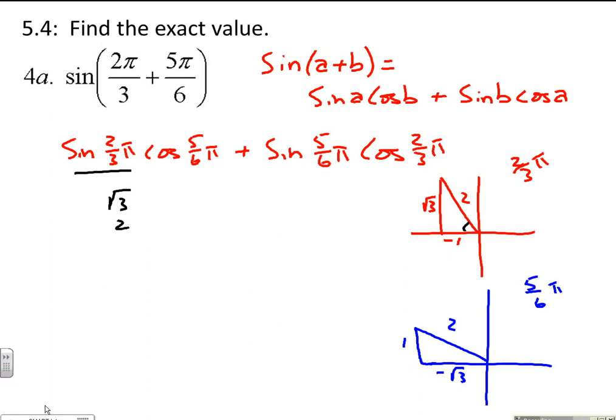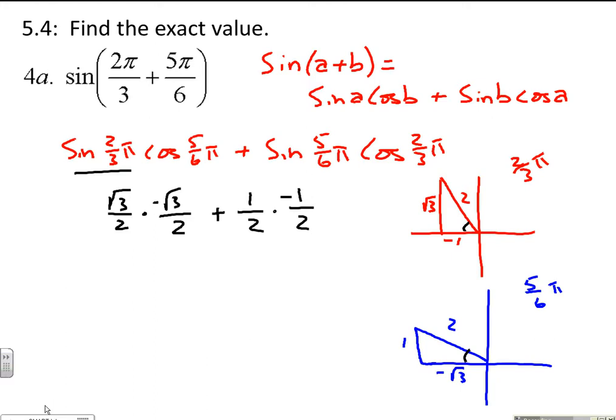This is root 3 on 2 times cosine from the blue triangle, cosine from this angle, x on r, negative root 3 on 2, plus sine of 5/6, sine from the 5/6 pi triangle, sine from the blue triangle is opposite 1 on hypotenuse 2 times cosine of 2/3 pi, cosine from the red triangle is adjacent, negative 1 on hypotenuse 2, or x on r.